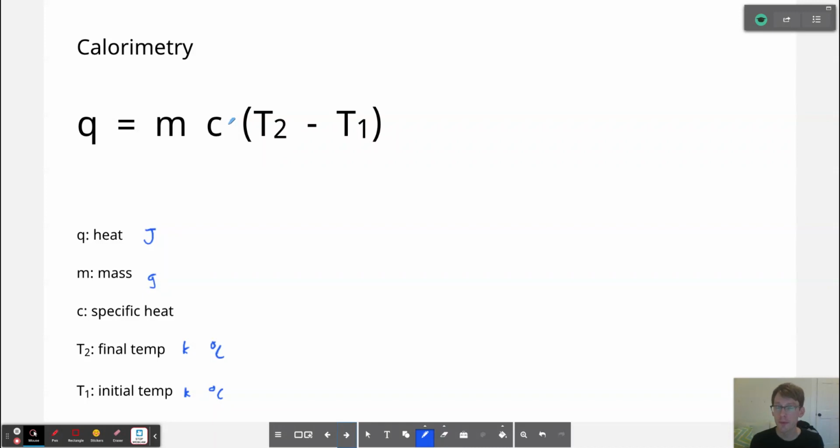Gram per gram, a gram of aluminum is going to be much easier to change the temperature of than a gram of water. So specific heat has units of joules required to raise a gram a degree Celsius. So the units are joules per gram degree Celsius or degree Kelvin.